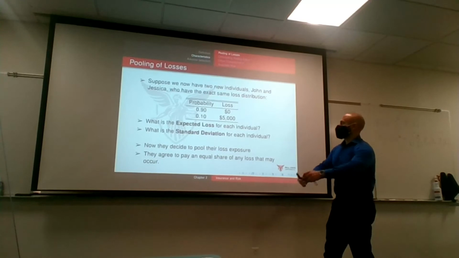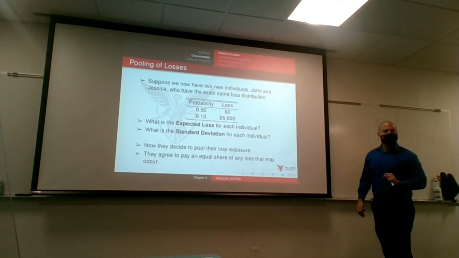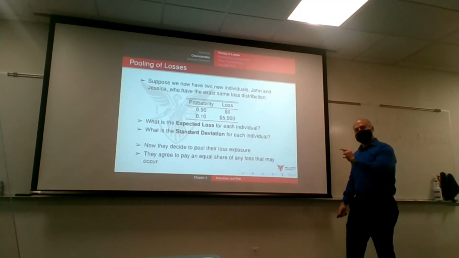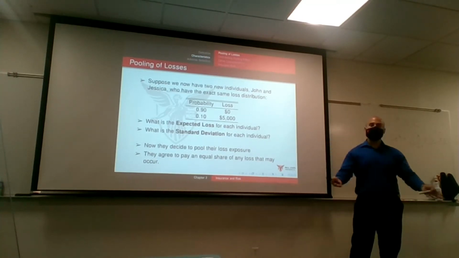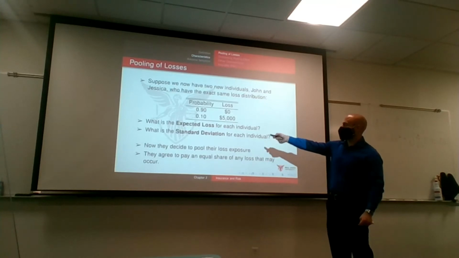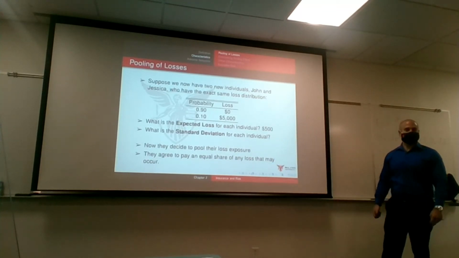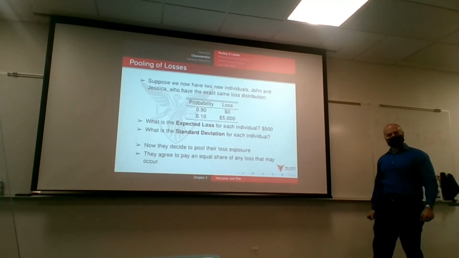Okay? All right, so we can work through this, just them individually, and say what's their expected loss and what's their deviation as they are now without pooling. So for the expected loss, 90% of 0 plus 10% of 5,000, I believe that's about 500. Cool.